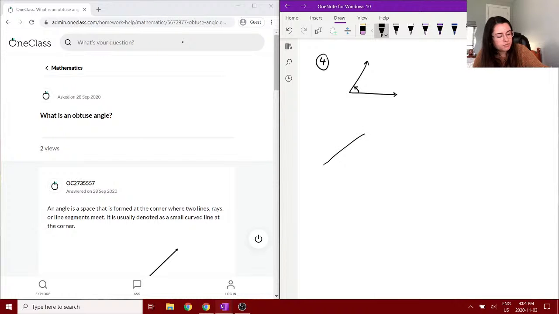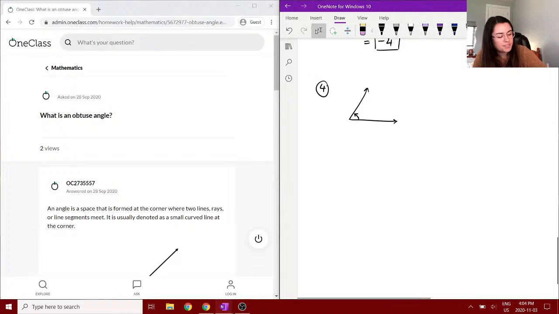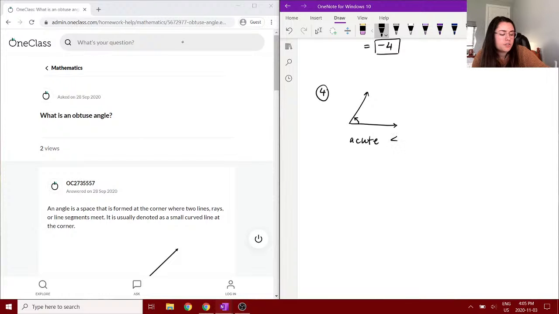We have, well, I guess I can use this one as an example. We have an acute angle. So that occurs when the angle is less than 90 degrees. So if this is 90 degrees, this angle will be less than 90 degrees.